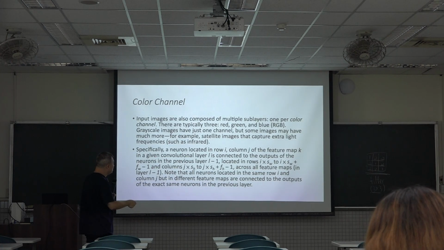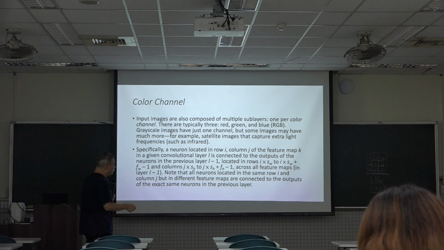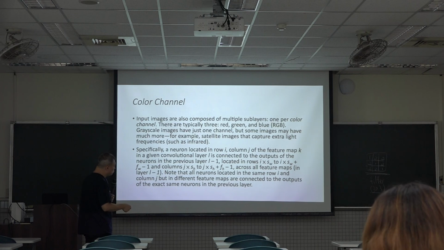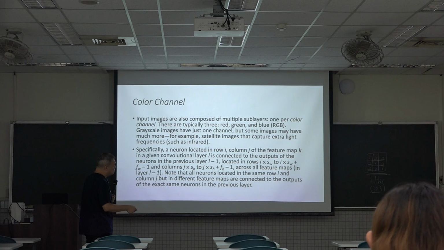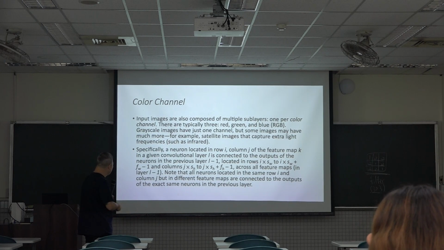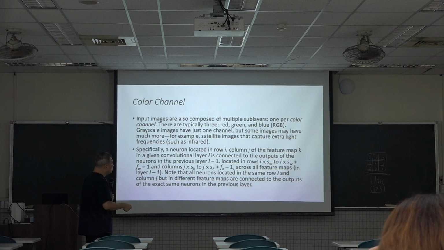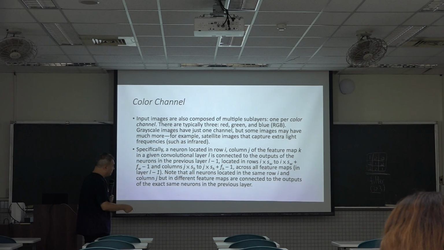So a neuron located in row i, column j of feature map k in a given convolutional layer l is connected to the outputs of the neurons in the previous layer l-1, located in rows i times s_h to i times s_h plus f_h minus 1, and columns j times s_w to j times s_w plus f_w minus 1, across all feature maps.